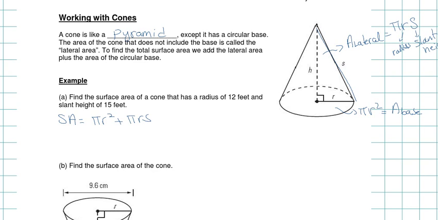Okay, so find the surface area of a cone that has a radius of 12 feet and slant height of 15 feet. That's as easy as plugging it into the formula. I know r and I know s. I'm missing a square. Yeah.